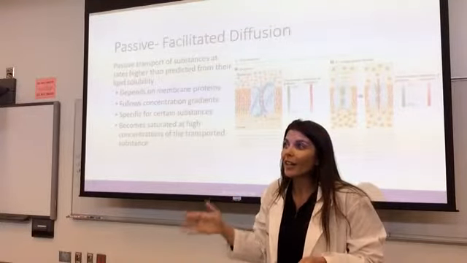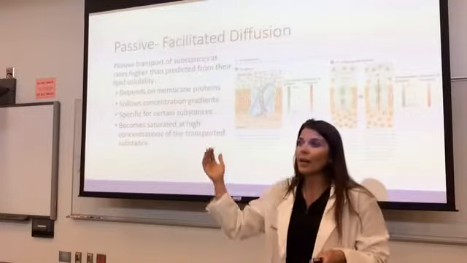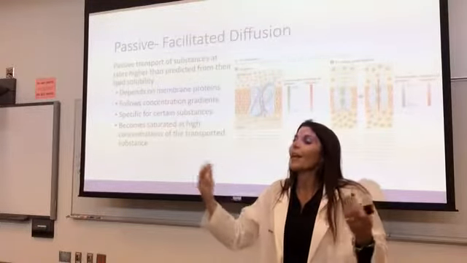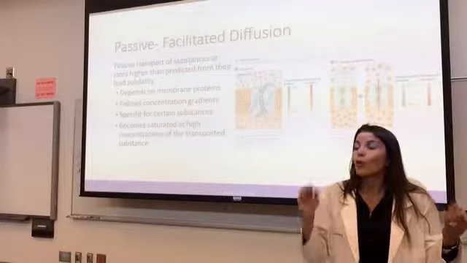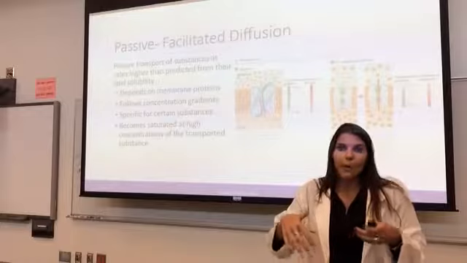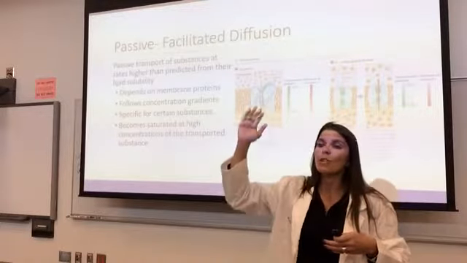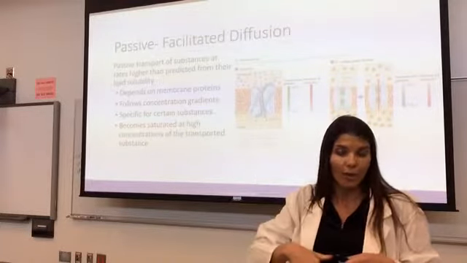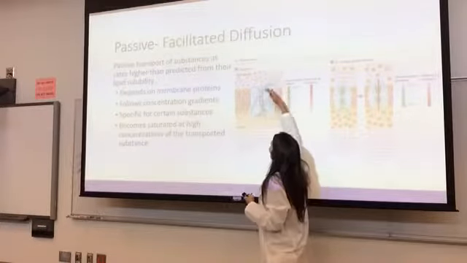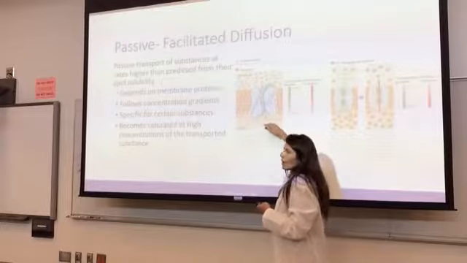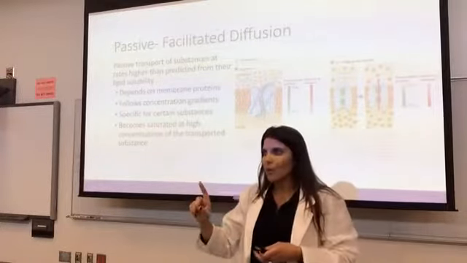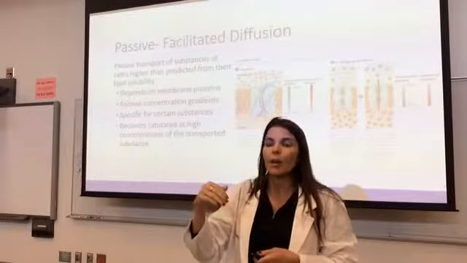So the only way water can get in is if it has to go through a protein. It has to find a door that says, hey, come on in, you can come in this way. So facilitated diffusion still goes from high to low, but it doesn't just go anywhere. It has to go specifically through a protein. So it's still going from high to low, but because it's not lipid soluble, it has to go through a protein.